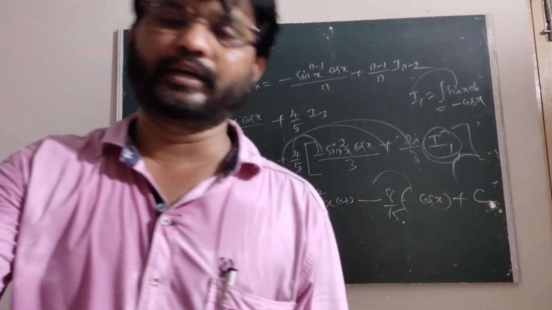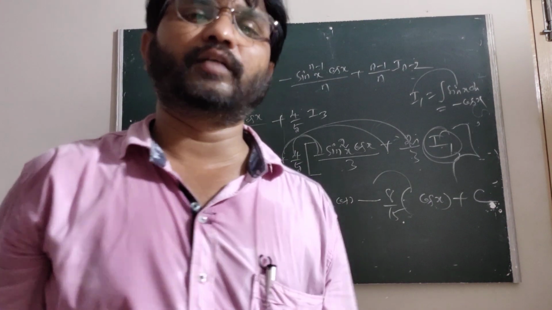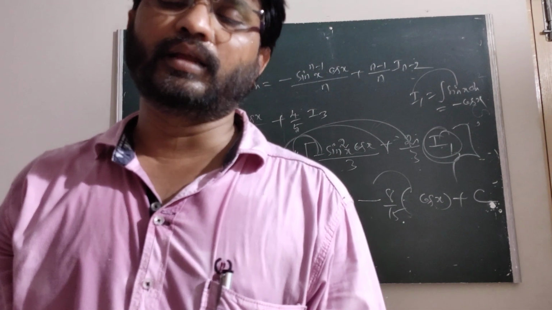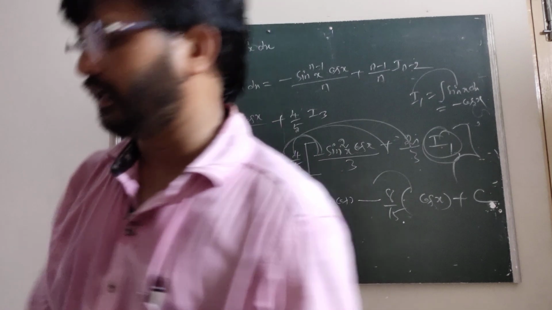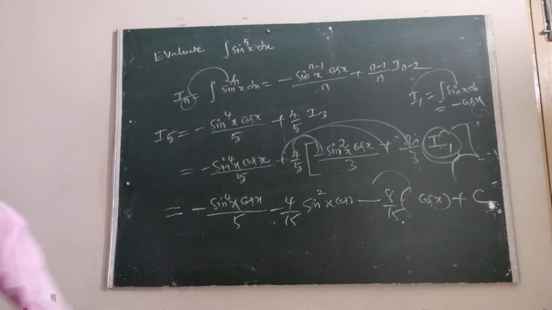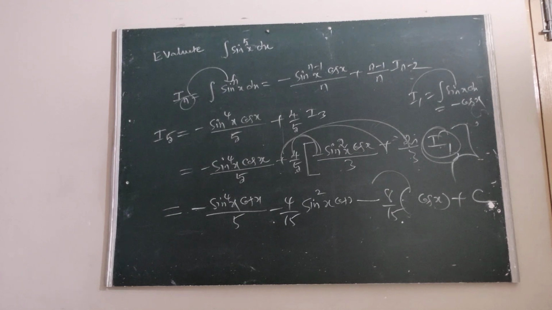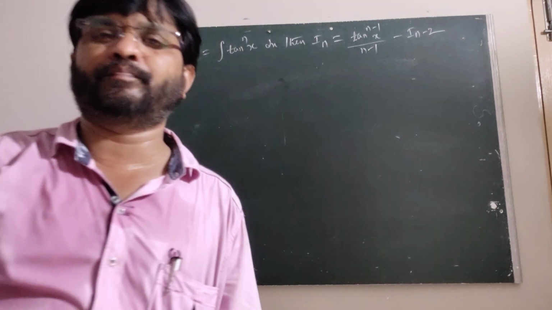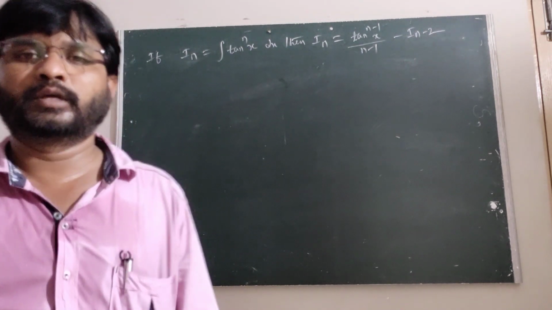Now we are going to discuss the integral of tan power nx dx, and similarly you can prove the integral of cot power nx into dx. So In equal to integral tan power nx into dx. What is In?